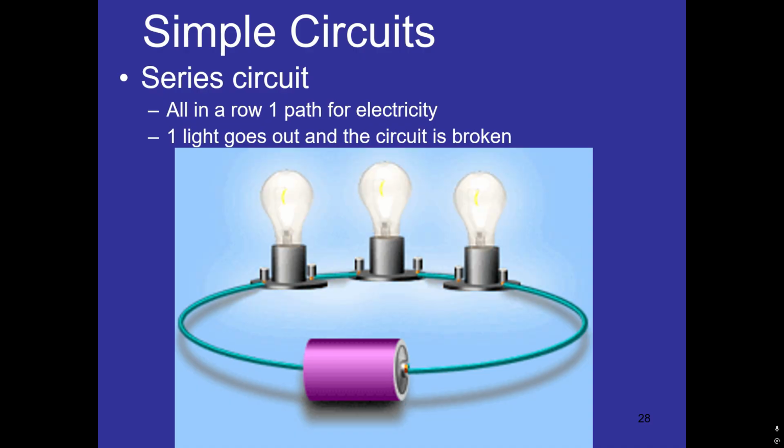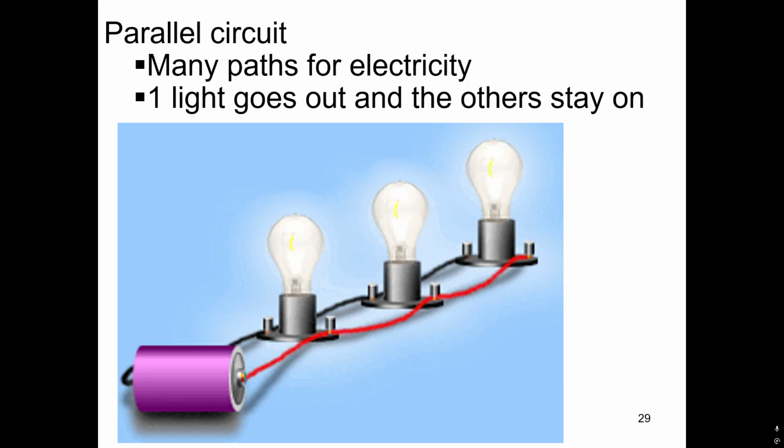If one of the lights goes out, the circuit gets broken, it becomes an open circuit, and hence no current. So this is the concept of series circuit.